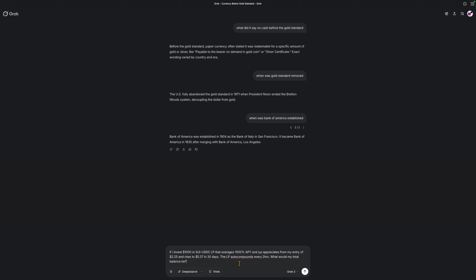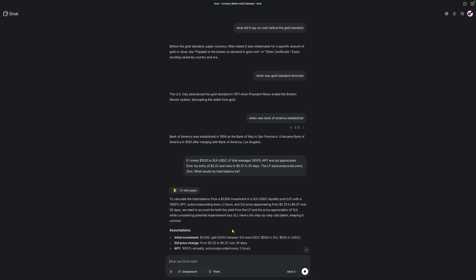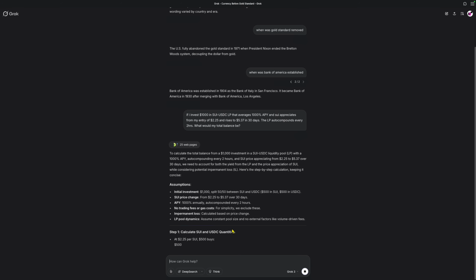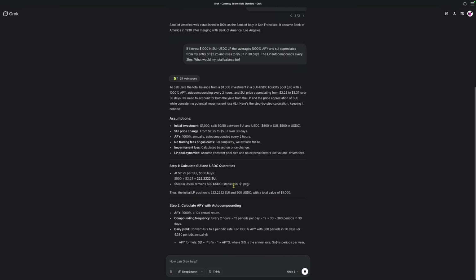What would my total balance be in, rising in 30? Yeah, I'll just leave it at that. And I really think 1,000% APY is underestimated. It's crazy. Let it calculate this thing.